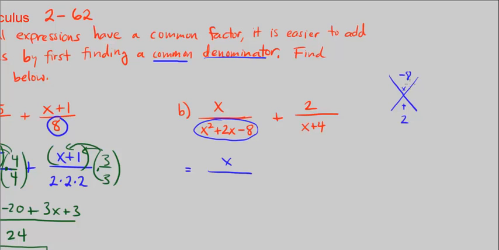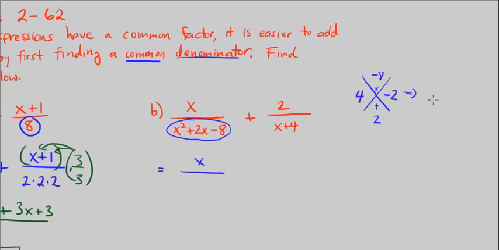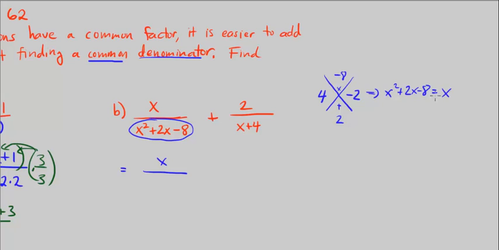So we know 2 times 4 is negative 8. So if we multiply 4 and negative 2, right, it will multiply to get negative 8 and add to get 2. So that's telling us that if we have x squared plus 2x minus 8, we can factor it as x plus 4 times x minus 2.